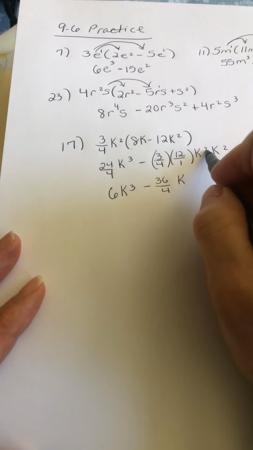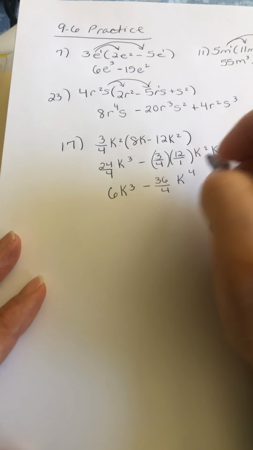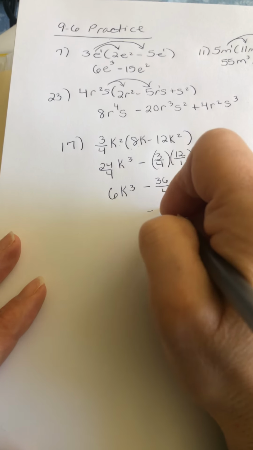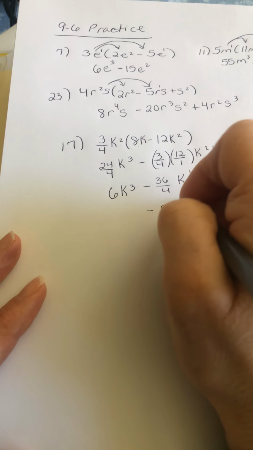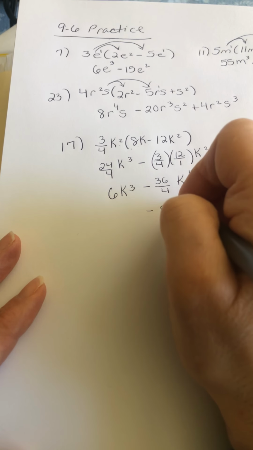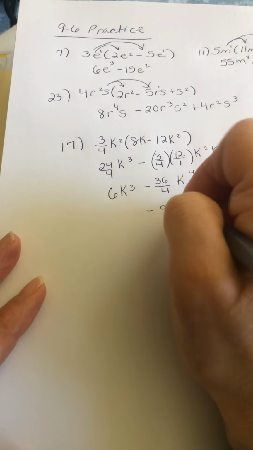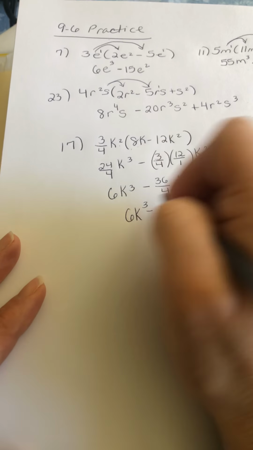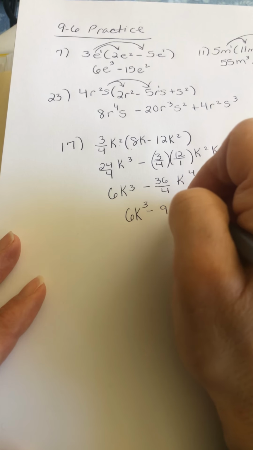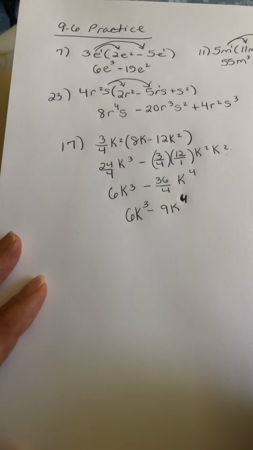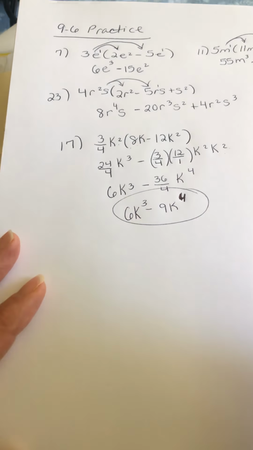Keep the base, add the exponents, and 36 over 4 becomes 9, k to the 4th. So we have 6k cubed minus 9k to the 4th power, and then we can call that one finished.